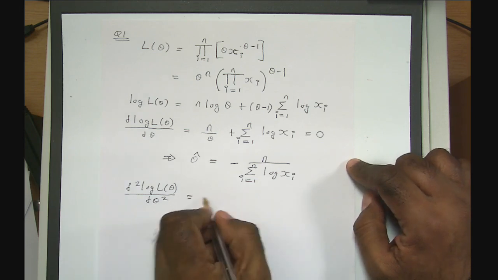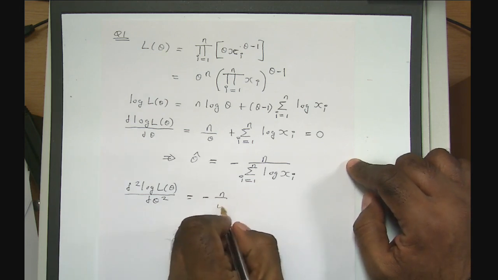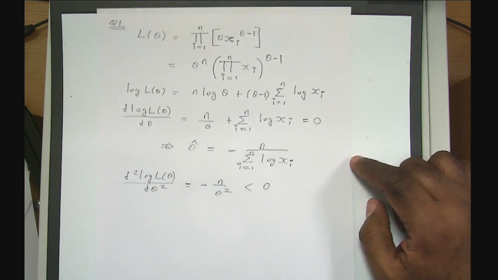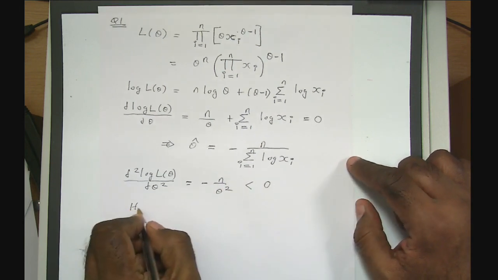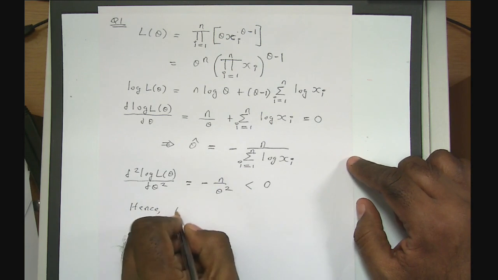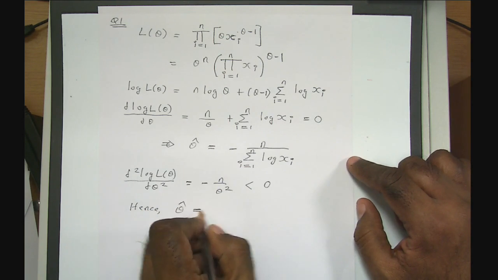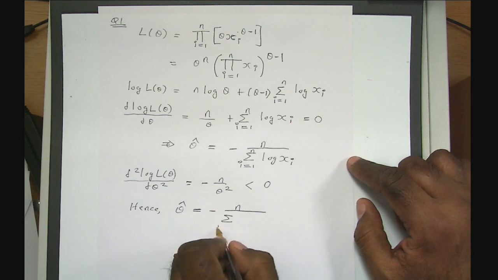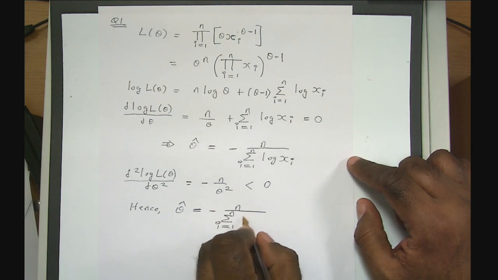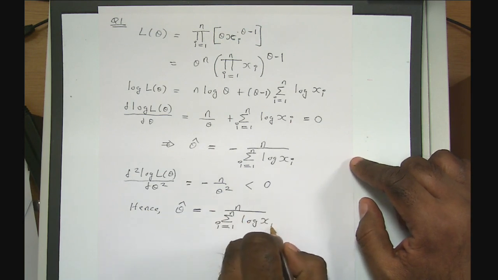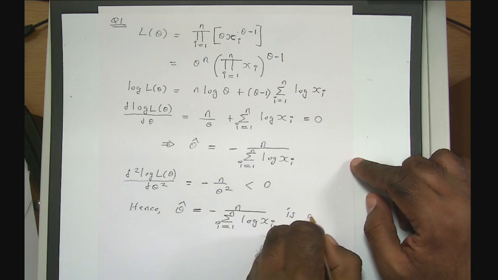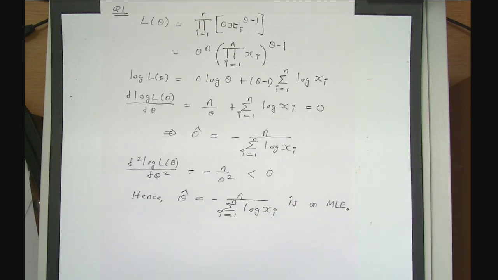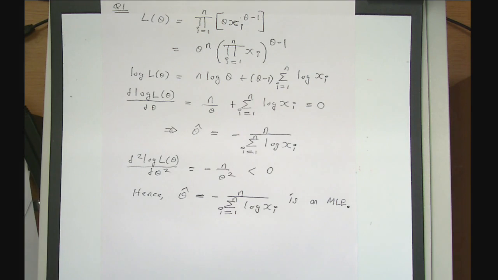In this case, it is minus n by theta squared, which is indeed a negative number, right? Hence, it's an MLE. All right, is this clear, guys?